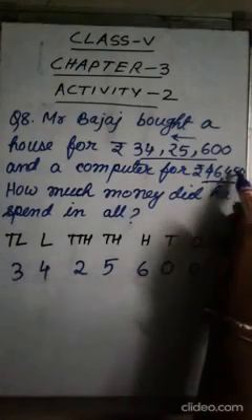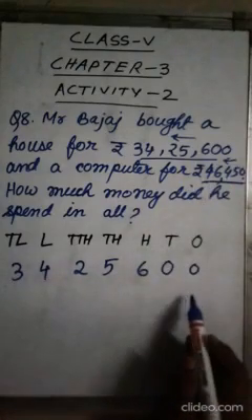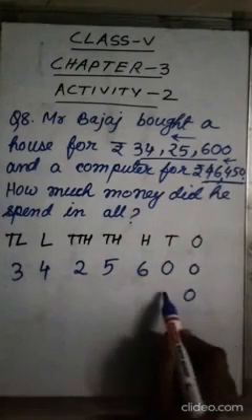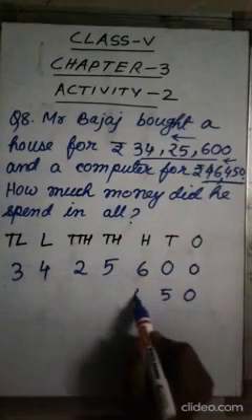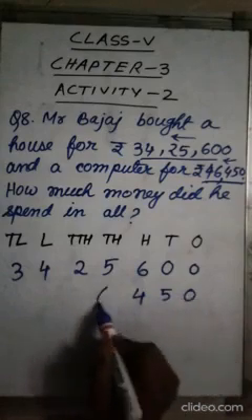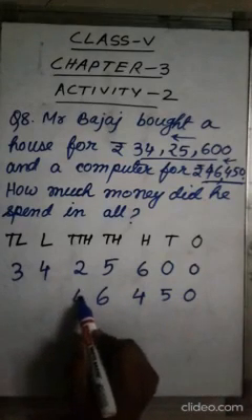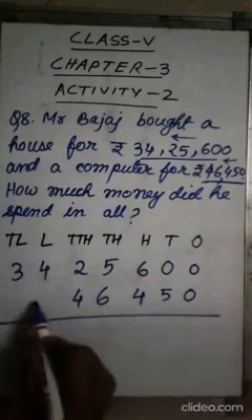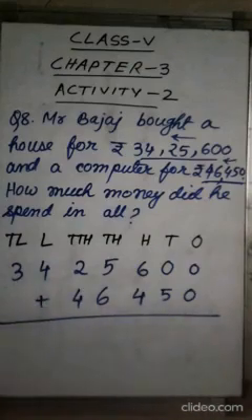This value again I have to enter from the back side: 0, 5, 4, 6 and 4. We have to add these two numbers.